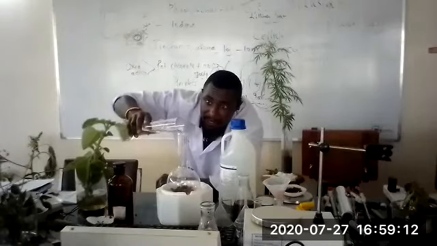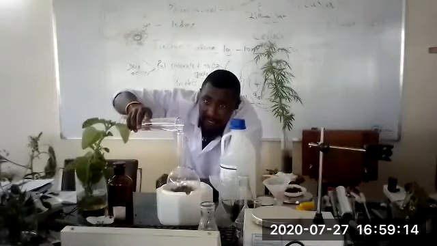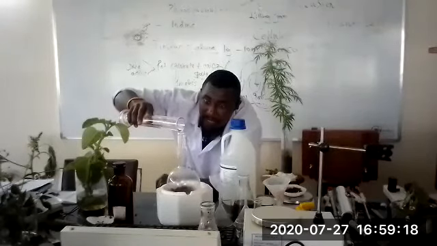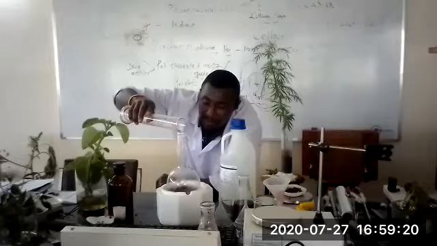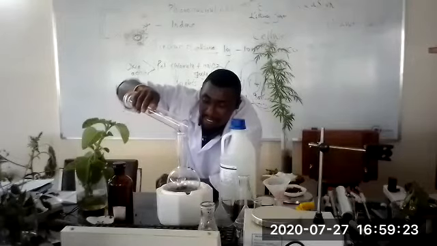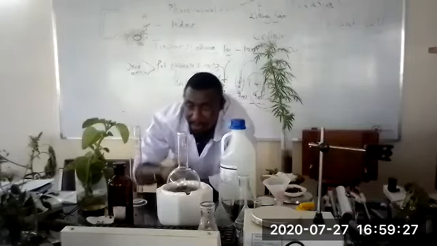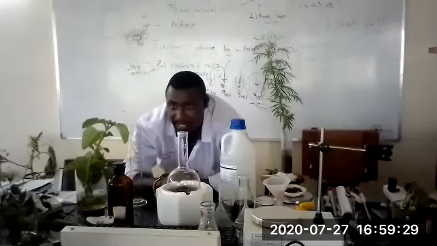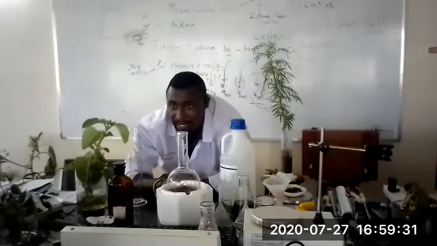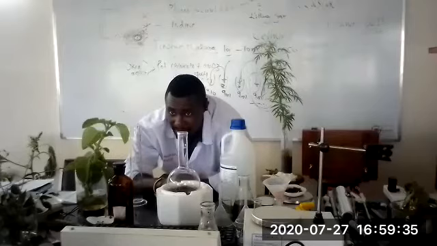Now I add it over there. It will first soak the material. Add it and ensure that the powder which was there previously is now submerged by the solvent you are introducing.